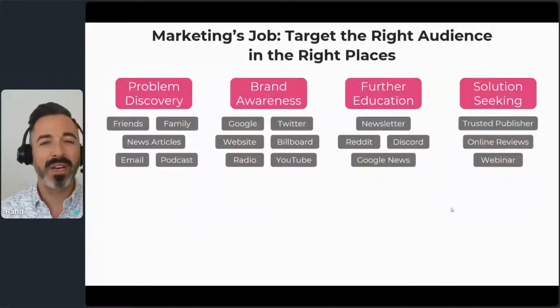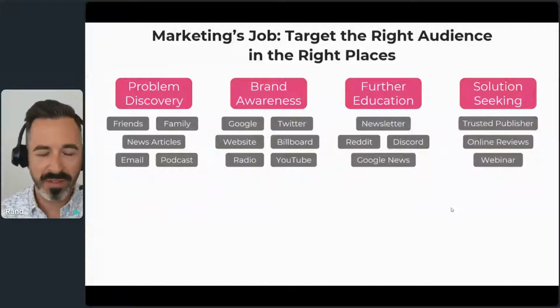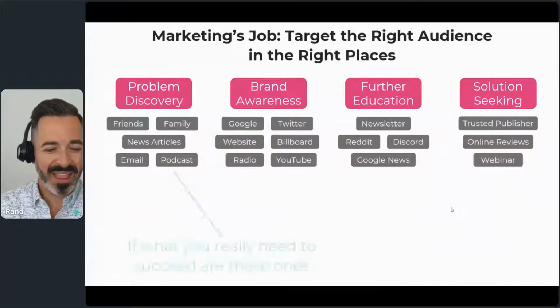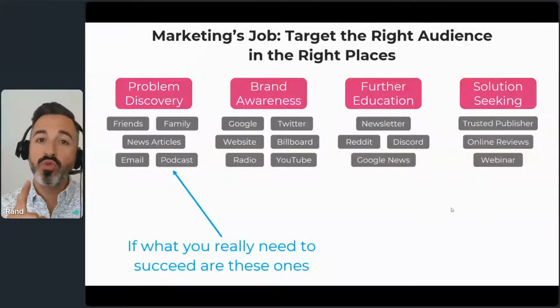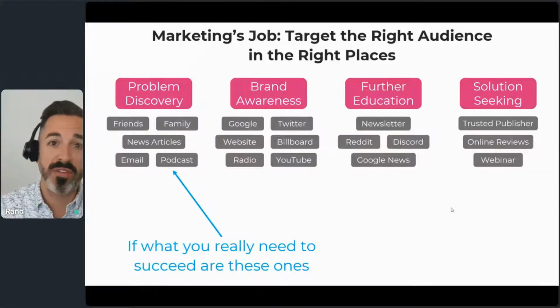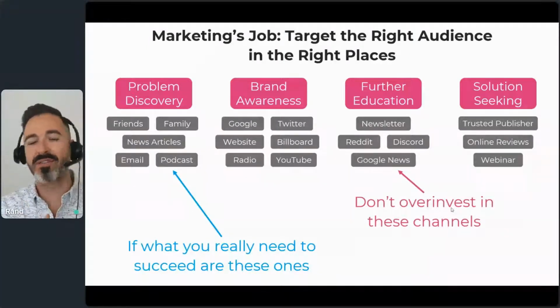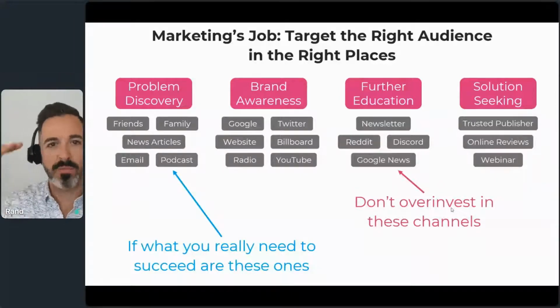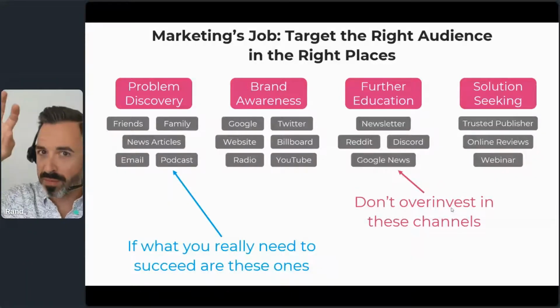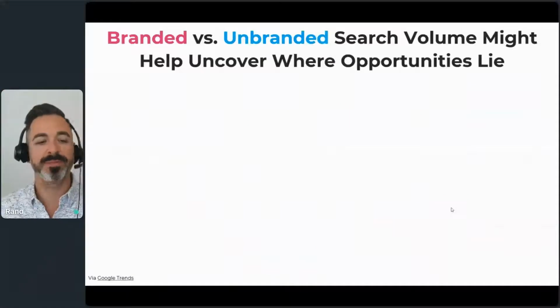And yet, because of a lot of how digital marketing's evolved, it just can't get there. So if what you really need to succeed are these ones, affecting people in the problem discovery phase where they don't even realize what issue they have, don't go over-investing in channels like further education, solution seeking, bottom of the funnel type of stuff if your problem is at the top or the middle of the funnel.